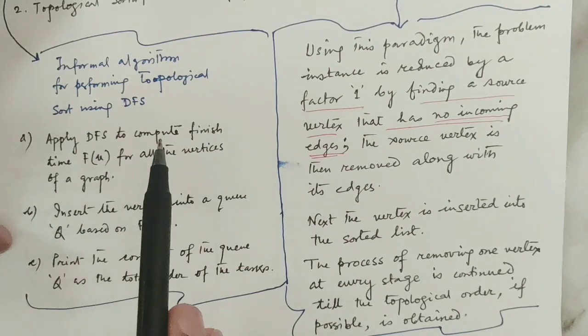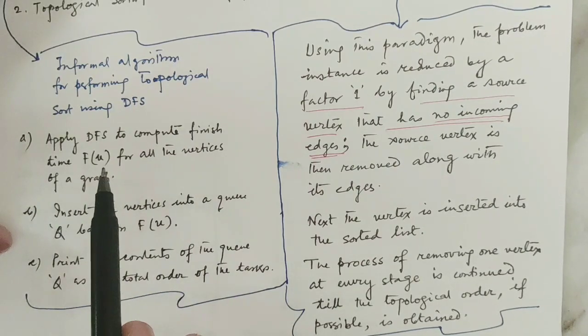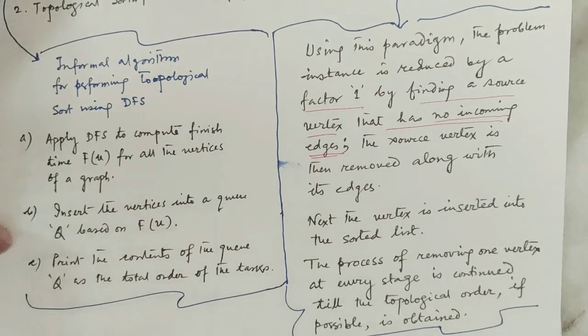Basically you have to apply DFS to compute the finishing time, which is usually represented as f(u), where u is the vertex. For all vertices of the graph, you have to compute the finishing time. But how do you compute it? As I am not following DFS for implementation of the topological sort, I am sorry that I am not mentioning in detail the finishing time calculation for DFS.